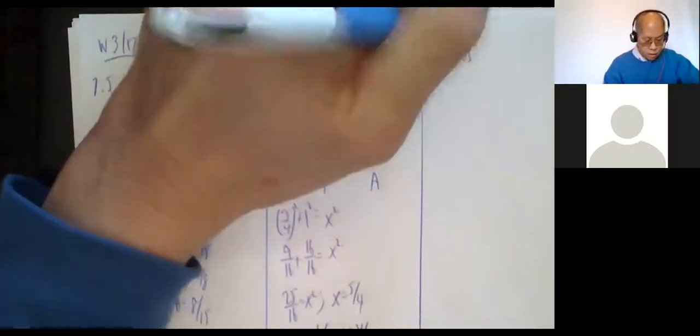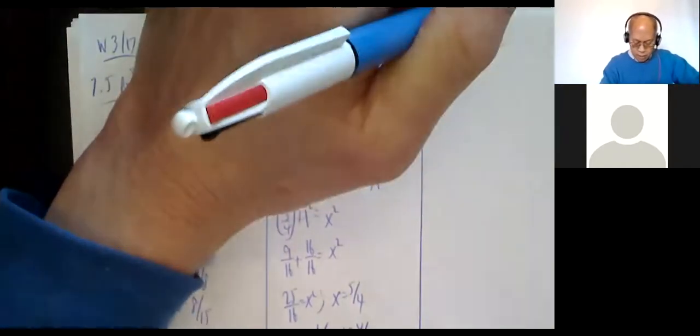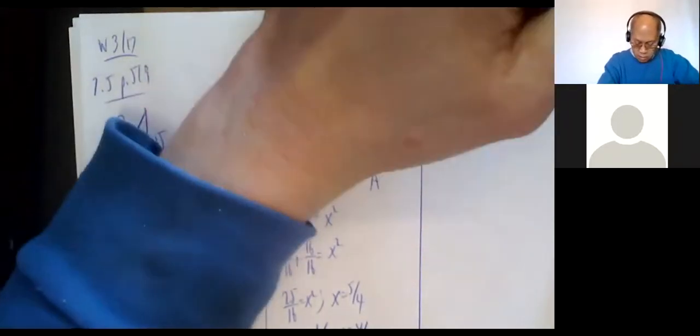Okay, so verify the identities. Cosine of 60 degrees equals cosine squared of 30 degrees minus the sine squared of 30 degrees. Okay.